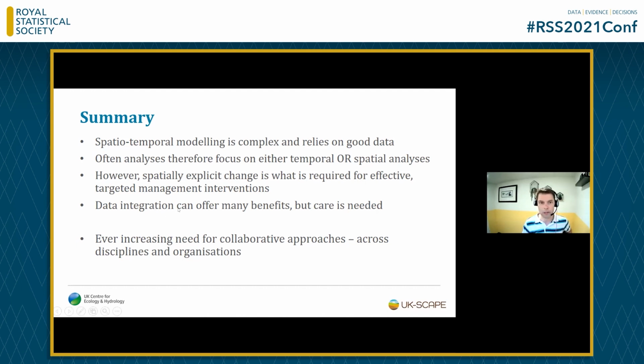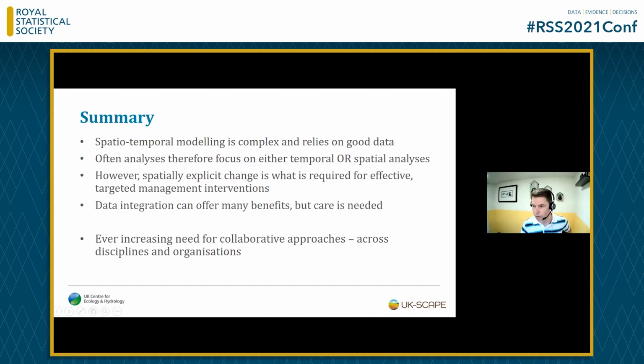Data integration can have many benefits, but you do need to be careful and consider whether it's appropriate to integrate or not, and the potential limitations and pitfalls associated with that.